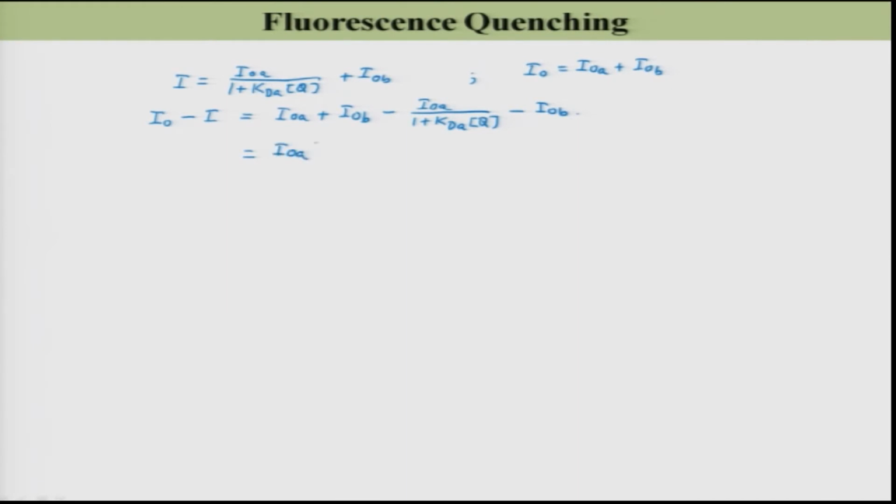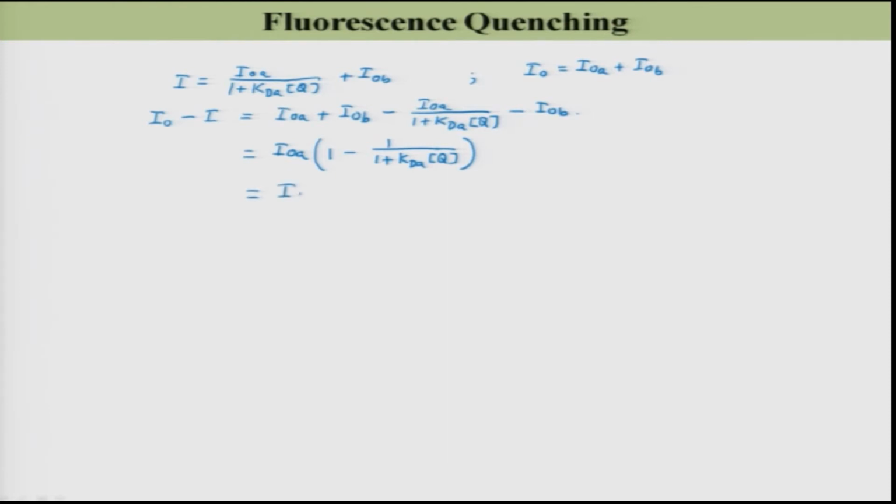So, this is equal to I 0 A times 1 minus 1 over 1 plus K d A into Q. Okay.